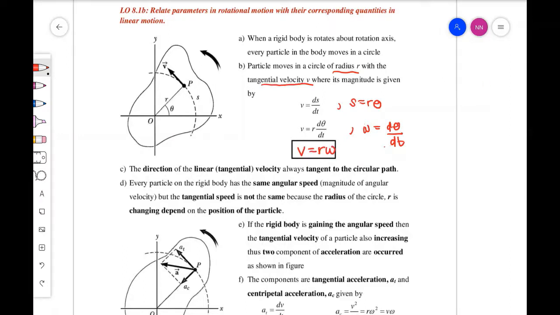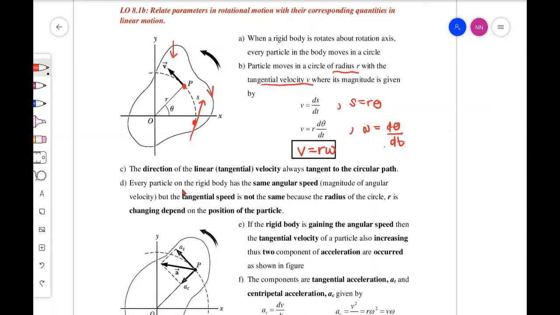Okay, direction of the tangential velocity or linear velocity is always tangent to the circular path. Katakan objek tersebut ada kat sini, jadi ini adalah tangential velocity v. Kalau dia ada kat sini, ini adalah tangential velocity of the particle.